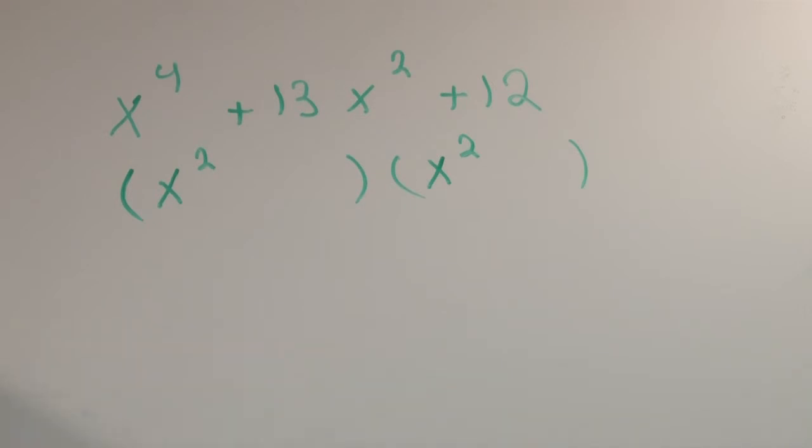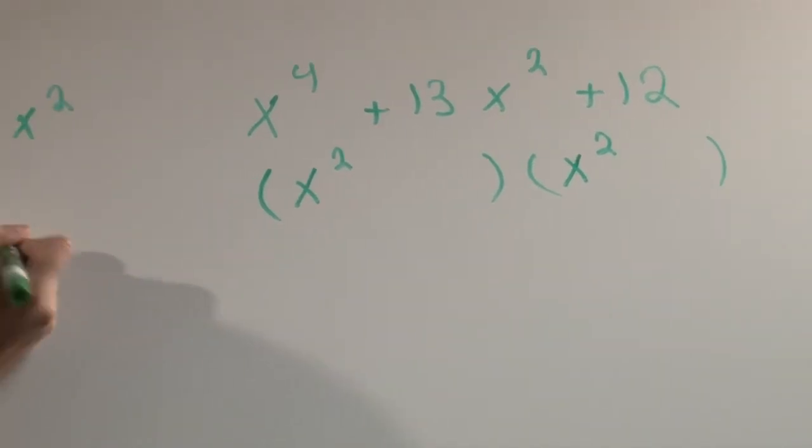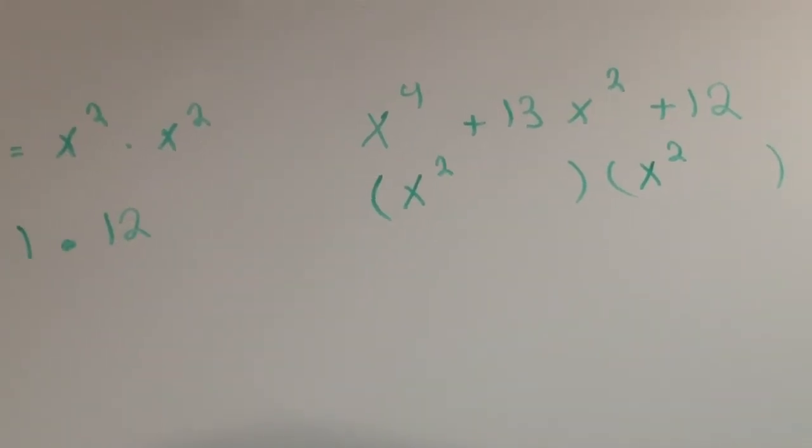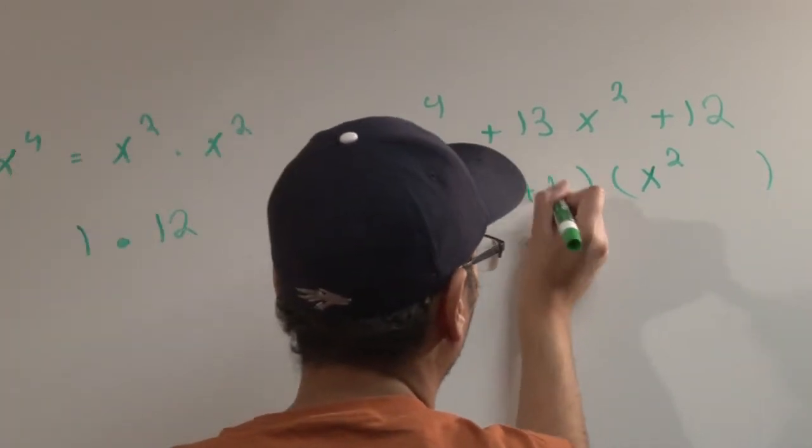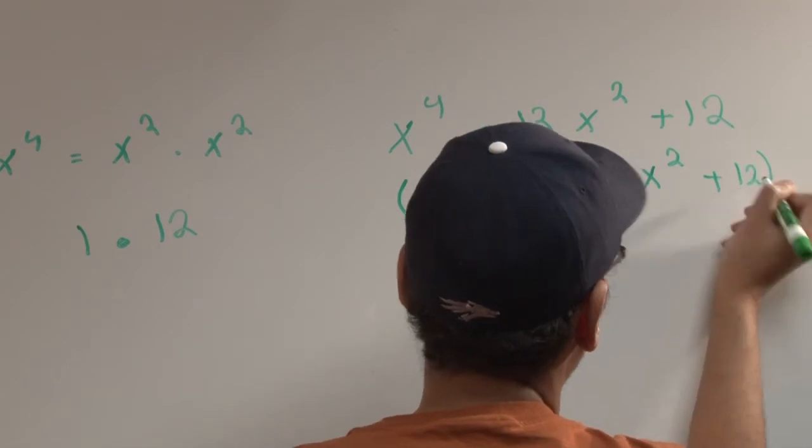I want to factor 12 into numbers with a sum of 13. How about 1 times 12? What's the sum of 1 plus 12? 13. So that would be plus 1 plus 12.